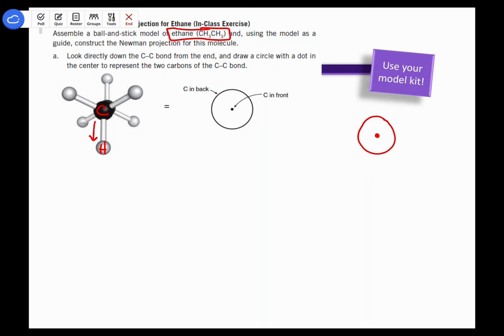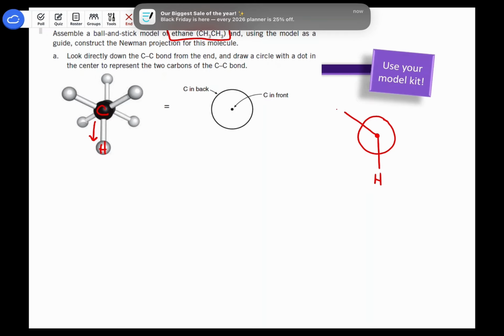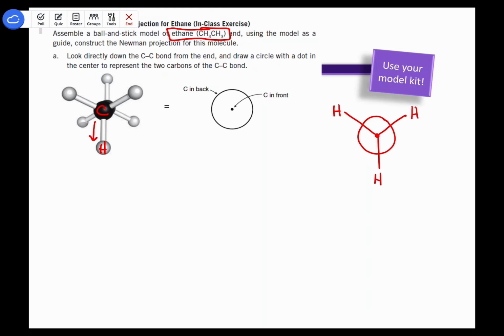If I orient the front carbon to hydrogen bond like this, that means I have a carbon-hydrogen bond pointing up to the left and another carbon-hydrogen bond pointing up to the right. So we can see that front carbon is different than the back carbon. So I have that carbon-hydrogen bond pointing down from the front carbon and up to the left and up to the right. That takes care of this front carbon here.